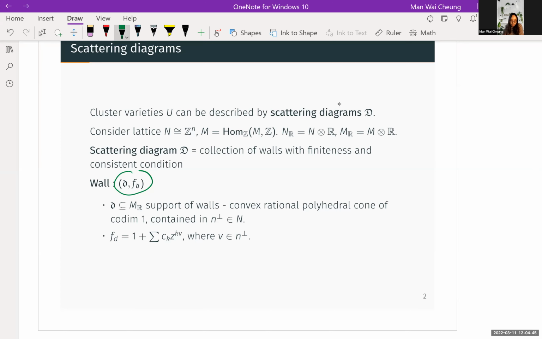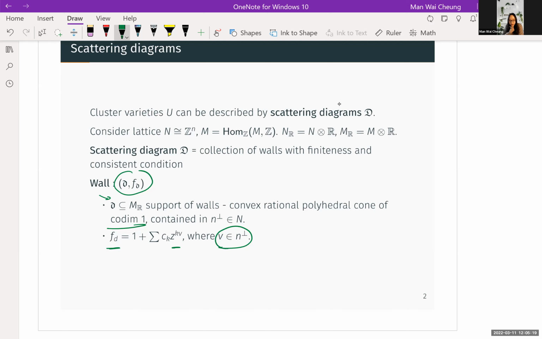The first is what we usually think of as a wall: a cone of codimension 1, so it lies in a hyperplane. The second component is a wall function, which associates to the wall a polynomial or power series in one variable, where this variable is a point lying in the hyperplane.